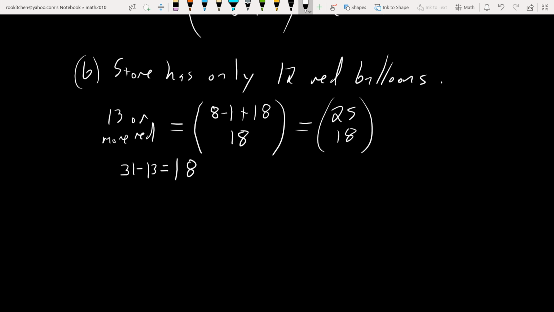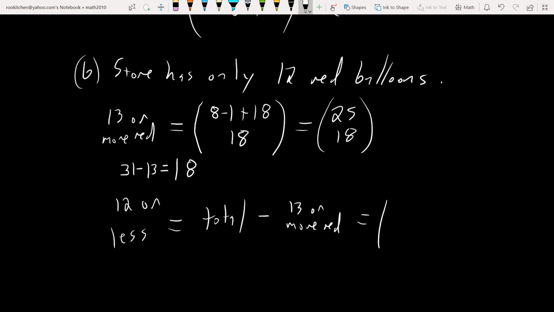So the number of combinations where there's 12 or less, quite naturally, will be the total number of different combinations, minus the number where you have 13 or more red. In which case, this means we have 38 choose 31, minus 25 choose 18.